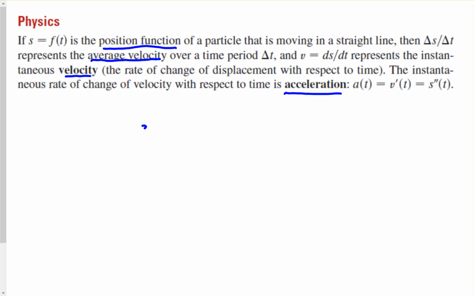So s equals f of t. This is your position.